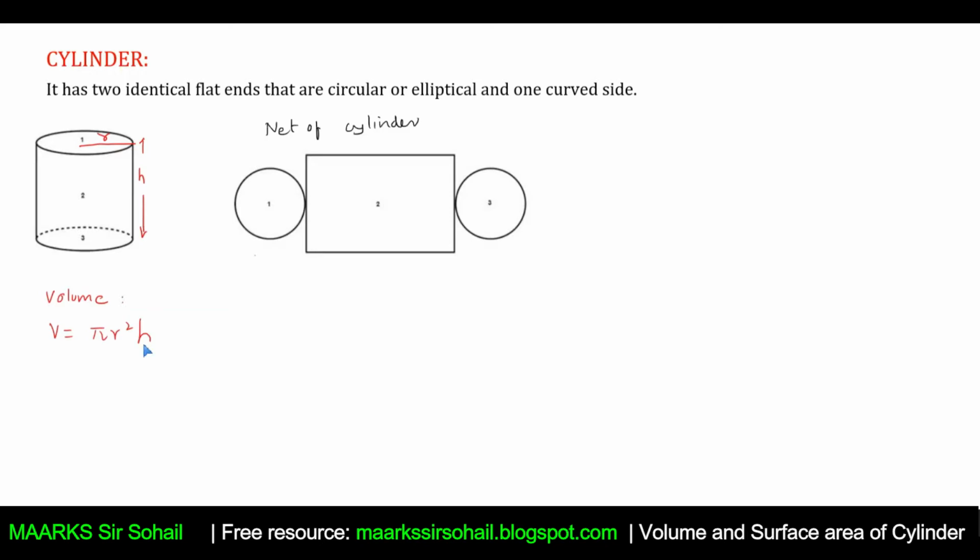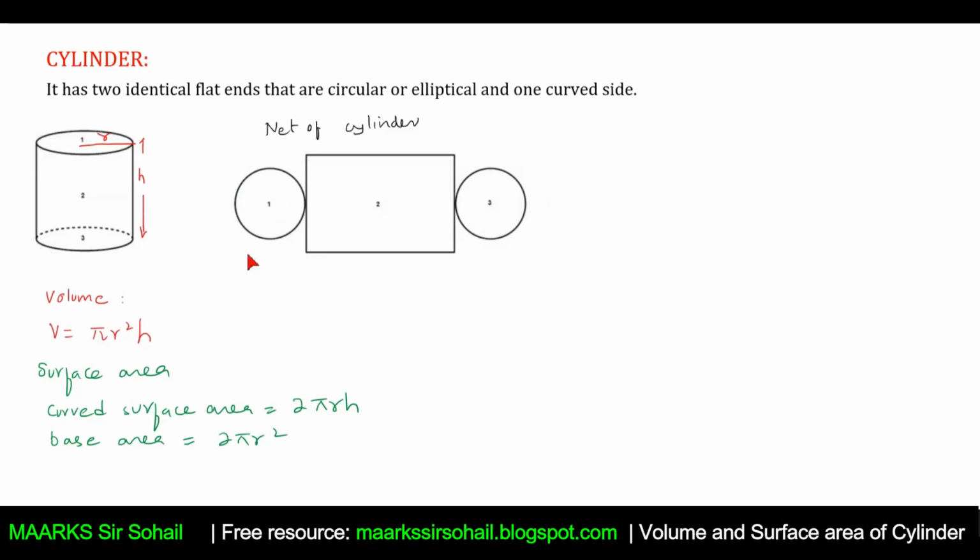Now for the surface area, there are two portions. One is the curved part, the curved surface area, which is 2 pi rh, and the other is the base area, which is 2 pi r square. Why is it 2 pi r square? Because one is at the bottom and one is at the top.